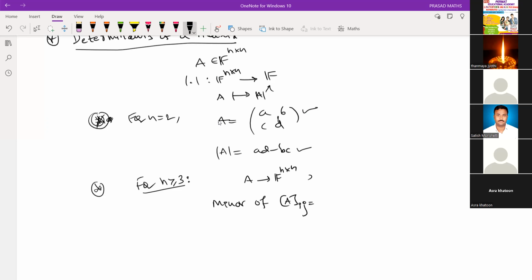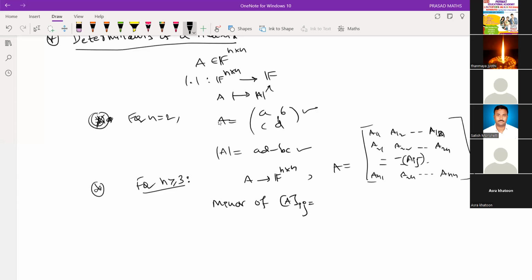A matrix A looks like this: a11, a12, a13, up to a1n, a21, a22, a23, up to a2n, and so on down to an1, an2. What is a minor? Suppose there is some ijth entry.